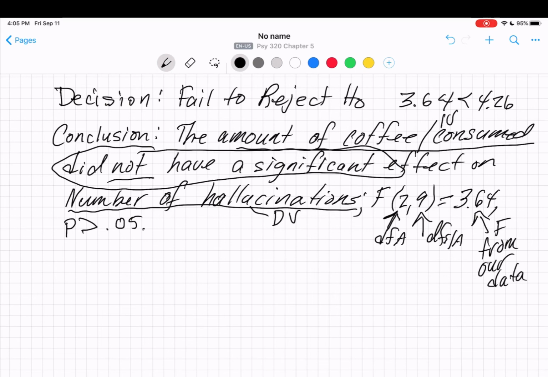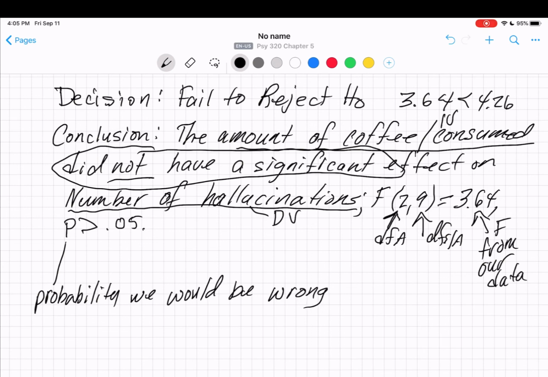Okay. Again, remember, P is the probability we would be wrong if we reject the null hypothesis, okay? So the probability we would be wrong if we reject the null hypothesis is greater than 5%.